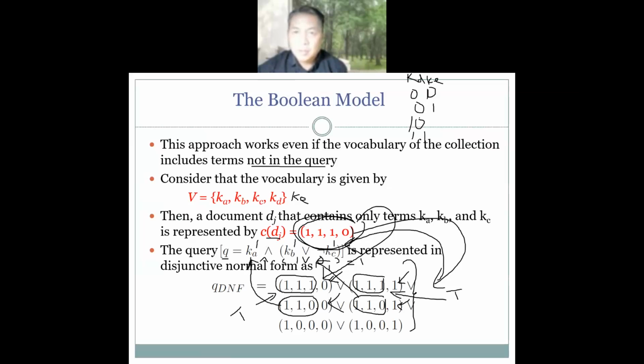So that means over here we have 1, 1, 1 for each pattern. If there are terms that are not included in the query, the number of different expressions increases by 2 to the power of the number of keywords that are not in the query.